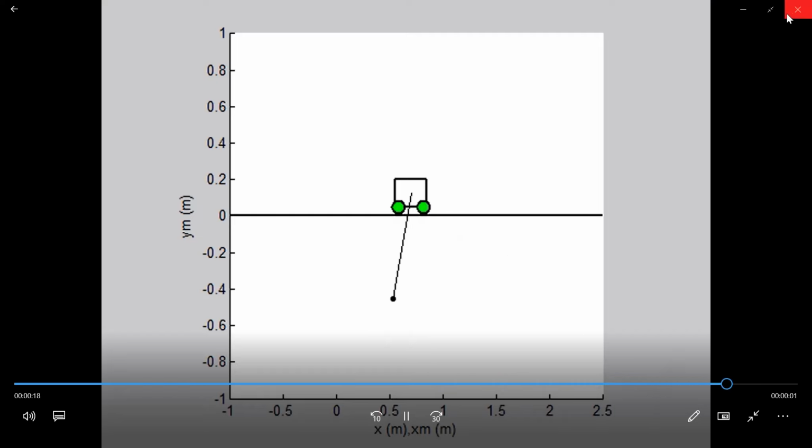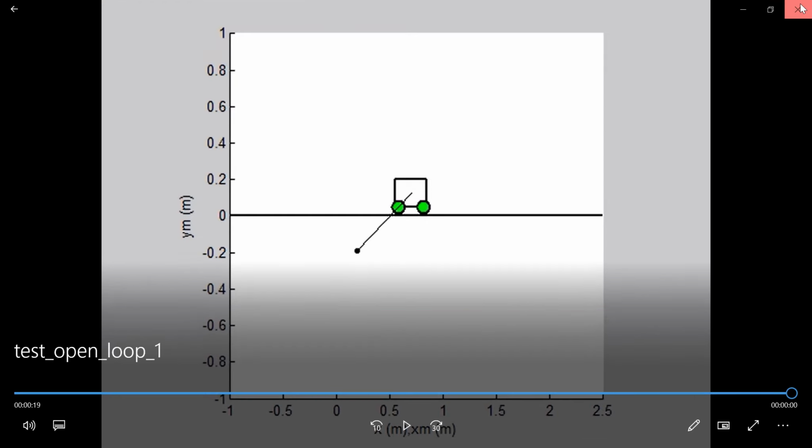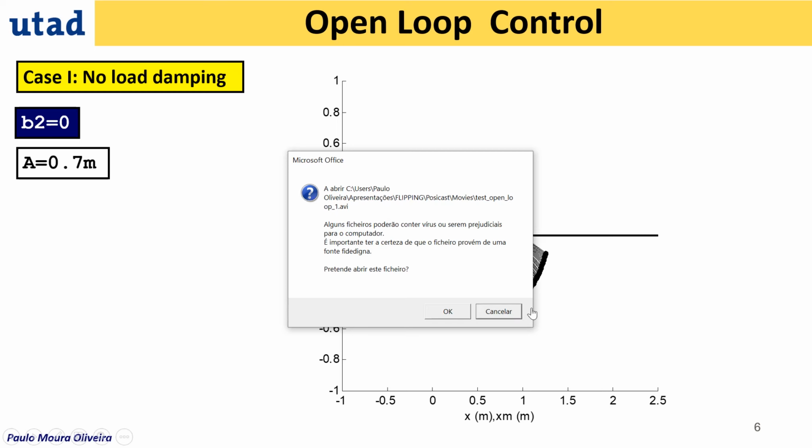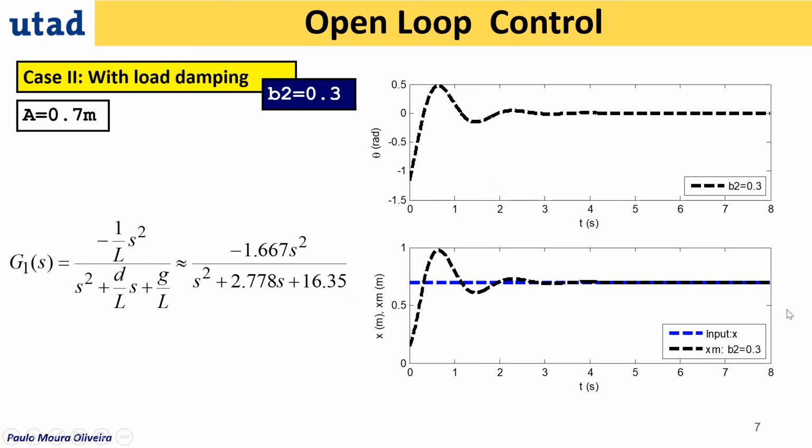Moving on, if we now consider some damping with this value 0.3 in the load, the model becomes this one in the Laplace domain, and now we get the underdamped response, which is this one that you can see here at the bottom.